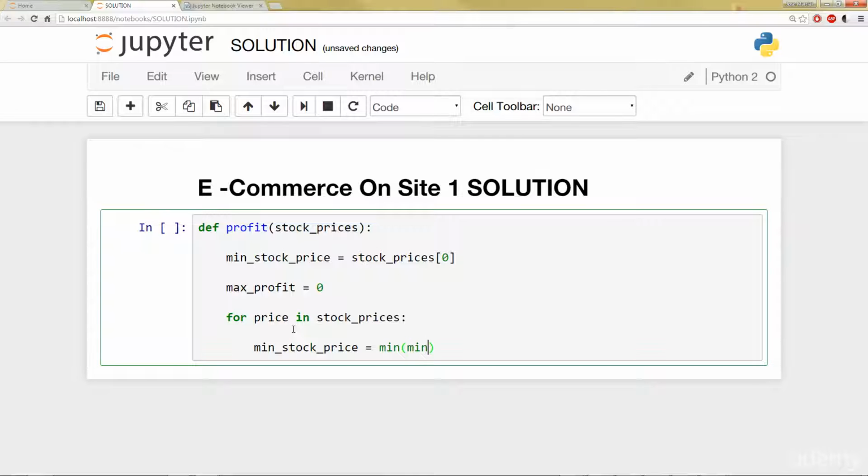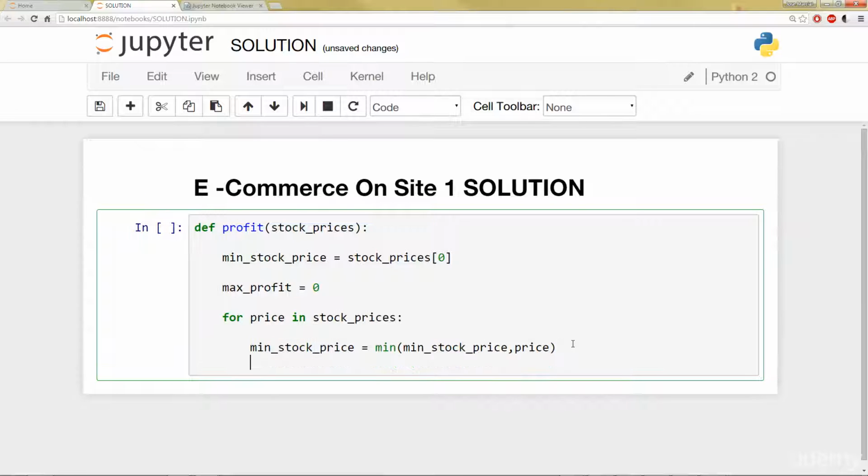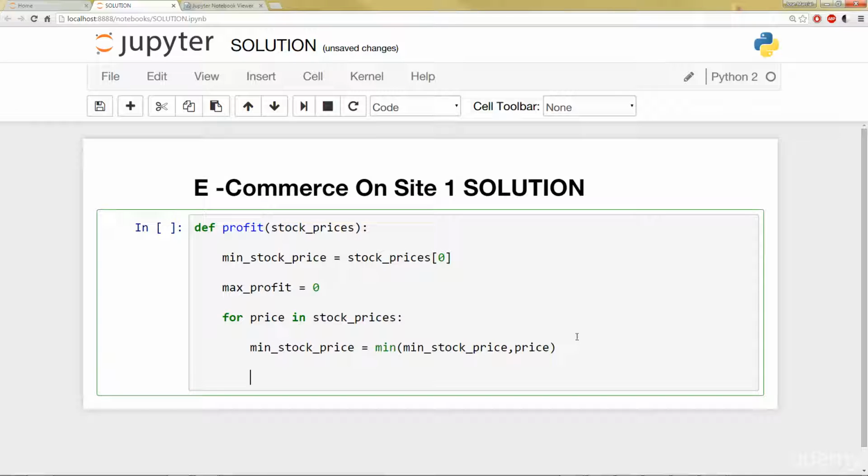So I'm going to say min stock price and price. So it's going to check the current price as we go through that list of stock prices and check it against the minimum stock price we've seen so far, and then set the minimum stock price to whichever one of these is less.